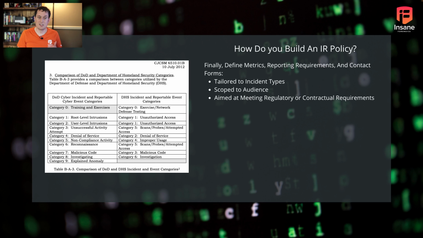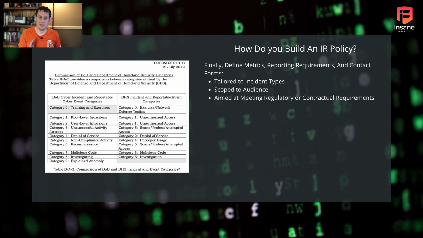Finally, metrics, reporting requirements, and contact forms, right? Again, this is where the incident types come in, right? Because how you measure, how you report these, who you report these to, and the forms that you use on the policy level are somewhat going to be tailored to the incident types and to the importance of the incident.